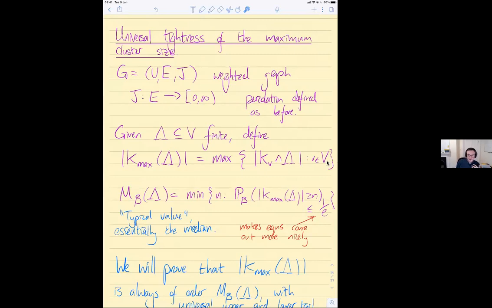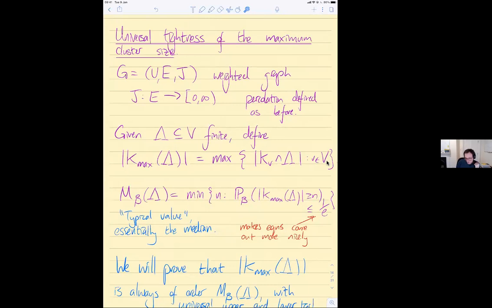Obviously ordinary graphs like the lattices are weighted graphs where you just take all the edges to be 1, and the long-range models as we've been considering them so far, you can consider the graph that has vertex set Z, edge set equal to all pairs of points, and j defined as before. So this weighted graph setup basically lets us consider both short and long-range models in a unified framework.